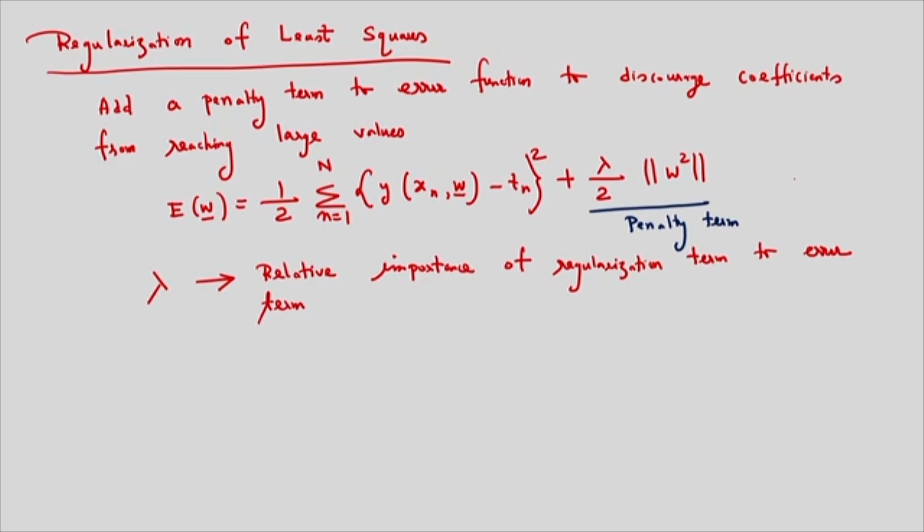So based on this we are considering the modified error function, I can write like this, and this ||w||² norm is nothing but, as you already know, w transpose w, that is equal to w0² plus w1² up to wM². So we can determine like this. So what is the effect of this regularizer? We can see in the next slide.